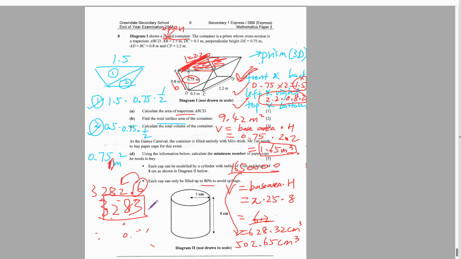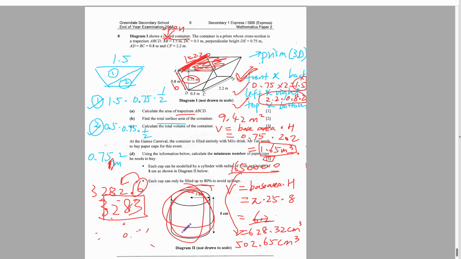So this is an intermediate question. Why is this question five marks? There are people who don't know the volume of this one. Don't be surprised, there are people who don't know how to find the volume of the cylinder.